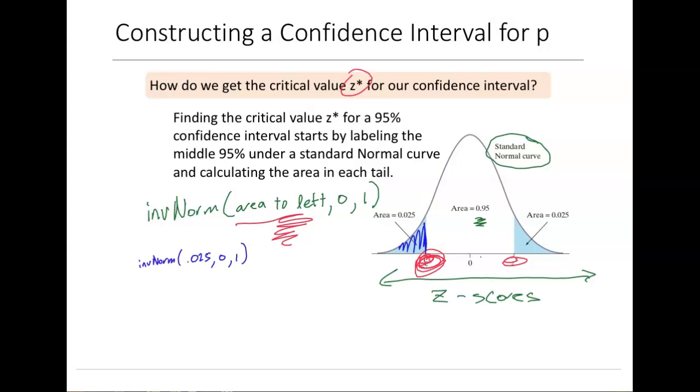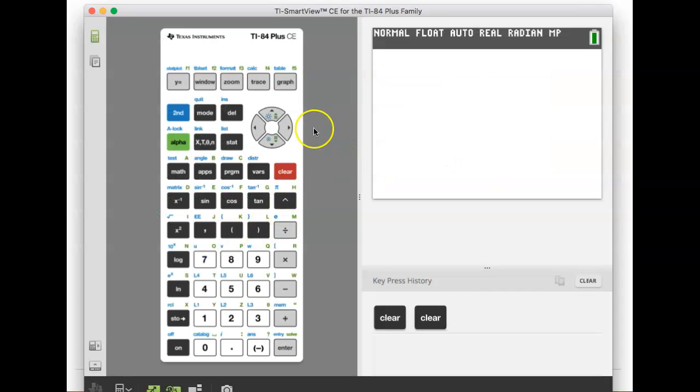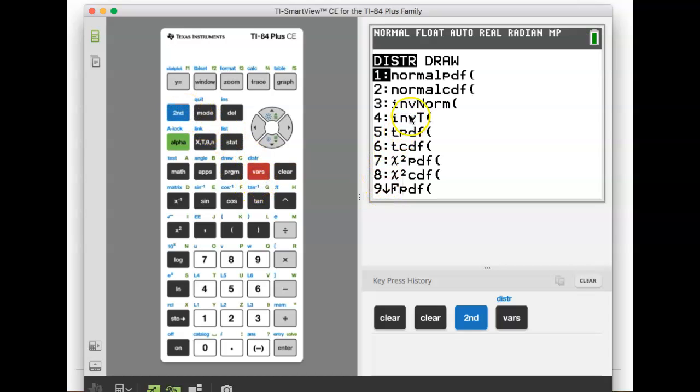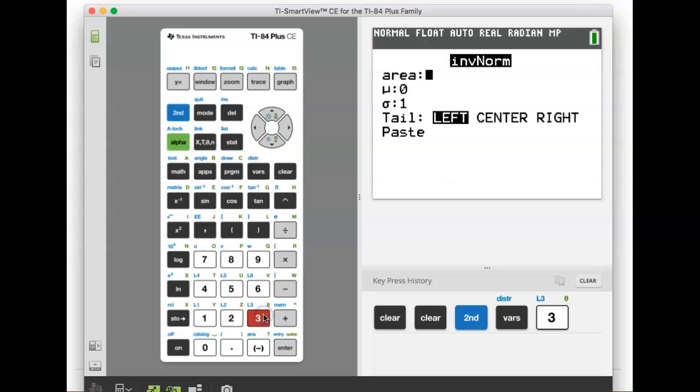All right, so that's in the distribution menu. So I'm going to go second vars. We got inverse norm. This is one of the newer operating systems, so it lets me choose what area I'm inputting, but just keep it left. If you have one of these, it defaults to just area to the left.